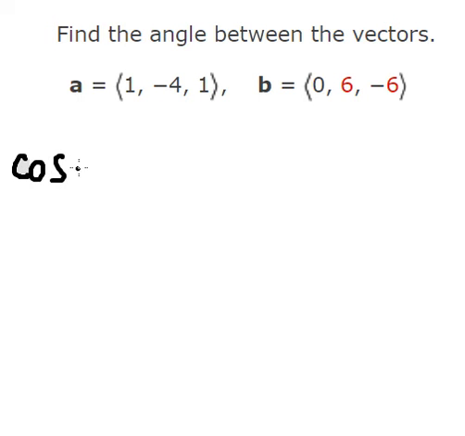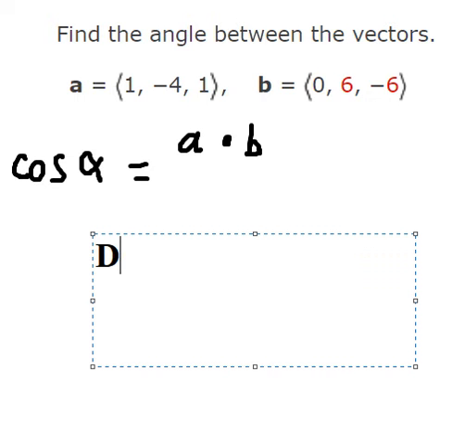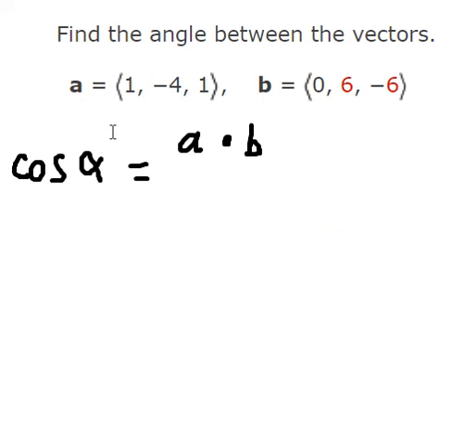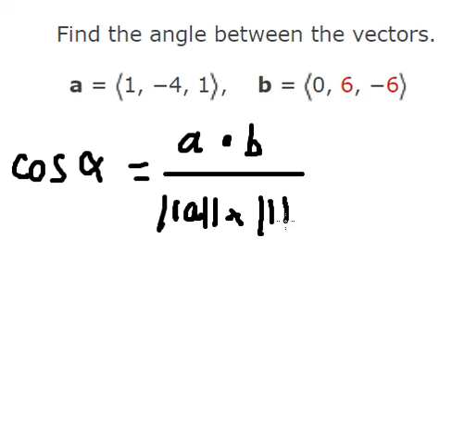That is cosine alpha equals vector A dot product vector B, over the magnitude of vector A multiplied by the magnitude of vector B.